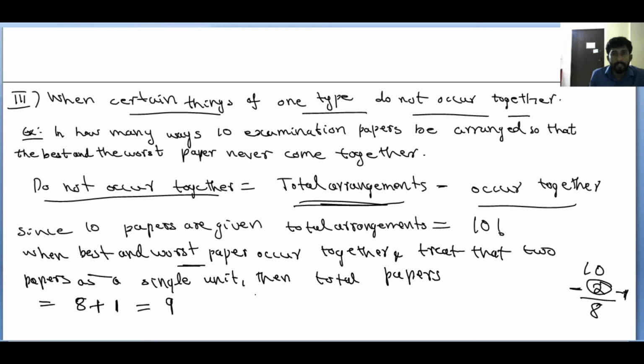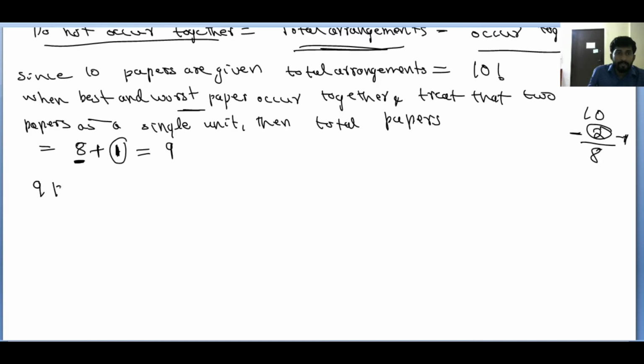What is plus 1? That is the single unit that has the worst paper and best paper. So total number of objects equal to 9. 9 papers can be arranged in 9 factorial ways.